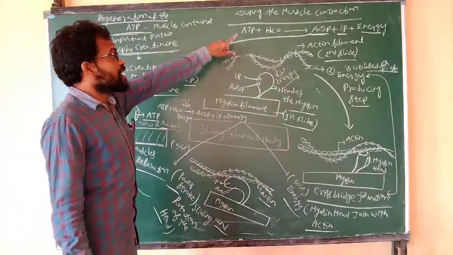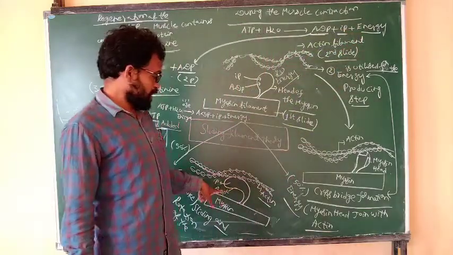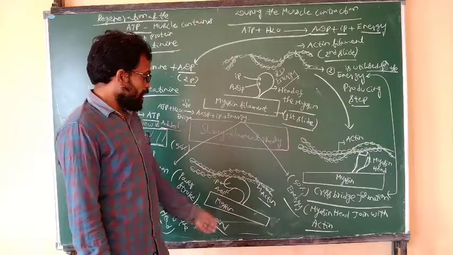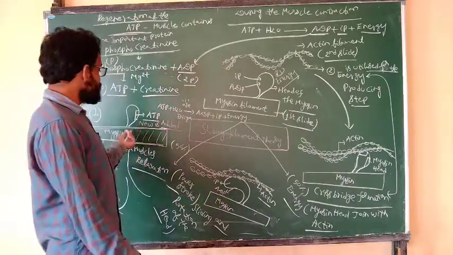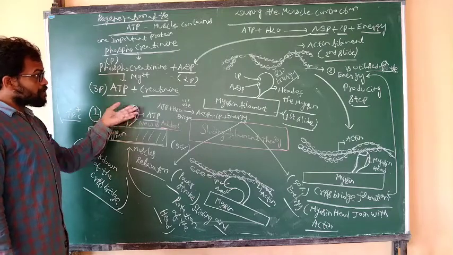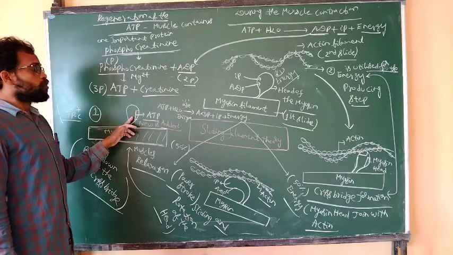During the muscle contraction, ATP breaks down into ADP plus inorganic phosphate plus energy. This energy is utilized for the cross-bridge and power stroke. ATP is again formed when the phosphocreatine present in the myosin head combines with ADP, and new ATP is added.